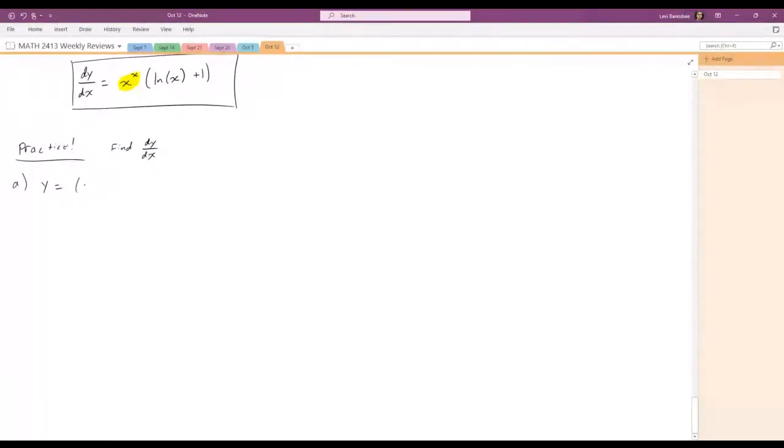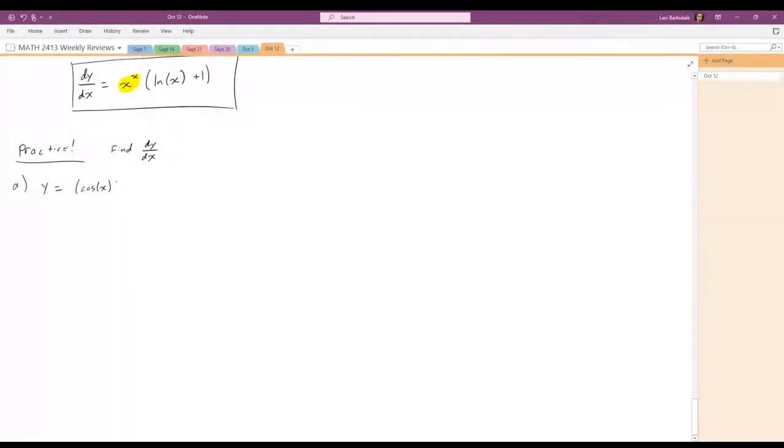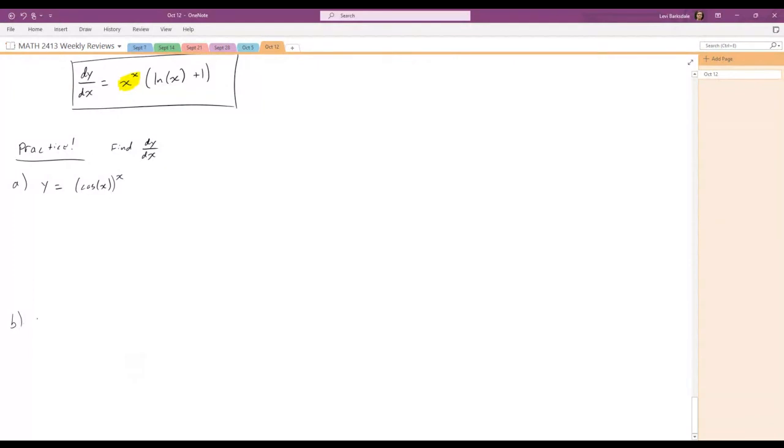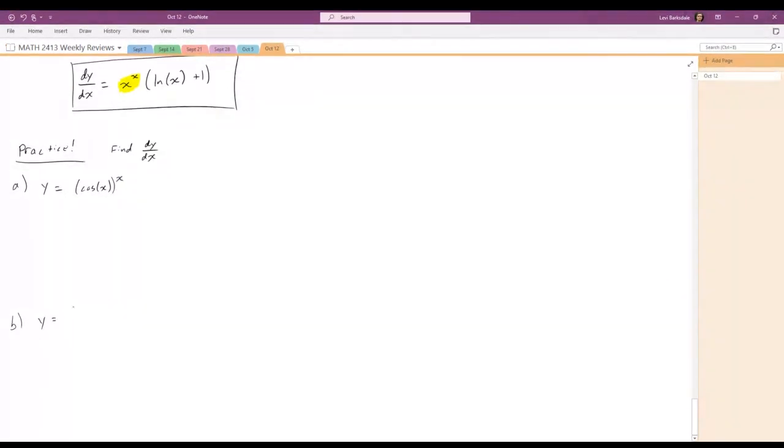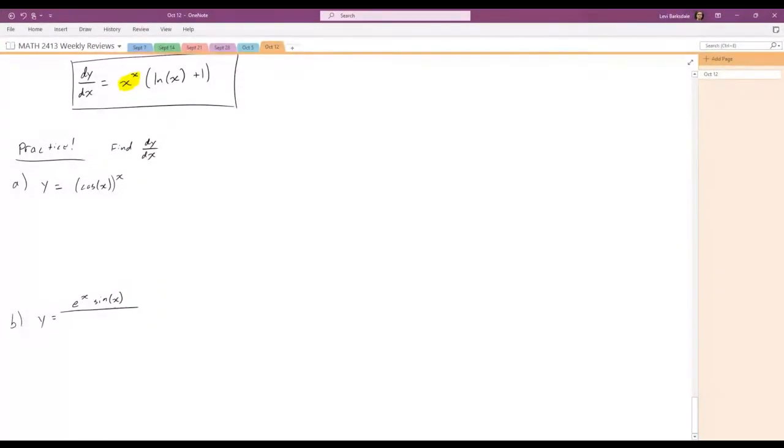First problem, y is equal to cosine of x to the x. And there's your second problem. I'll give you a few minutes to work through those.